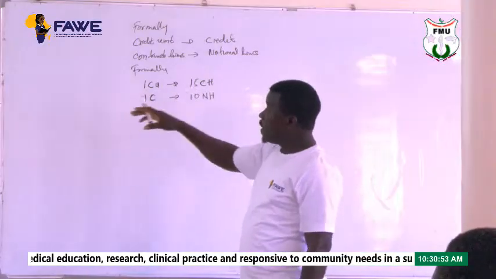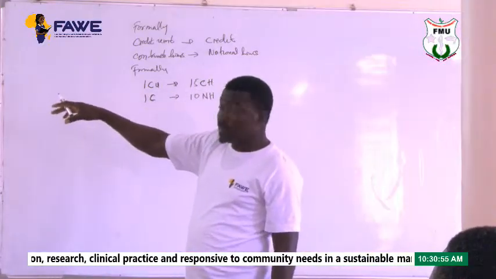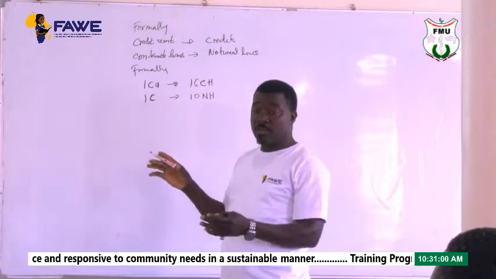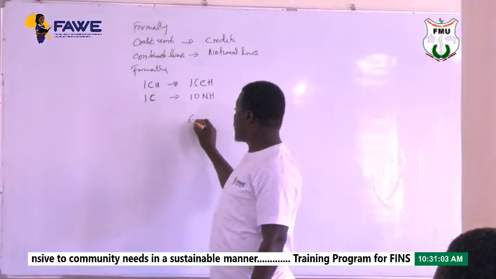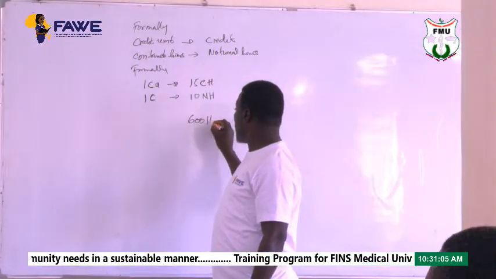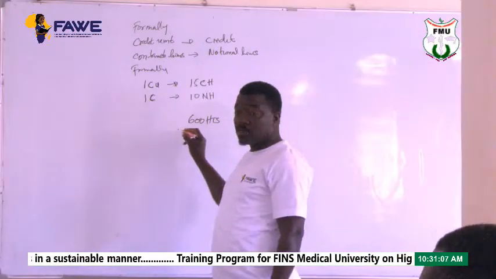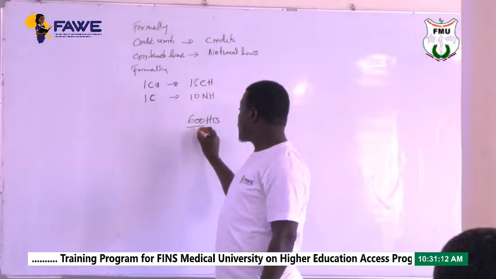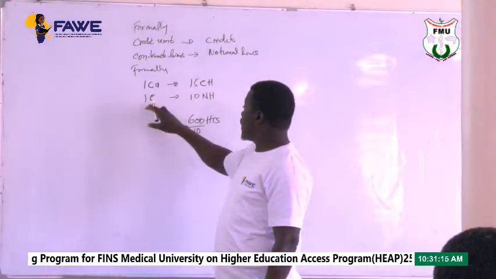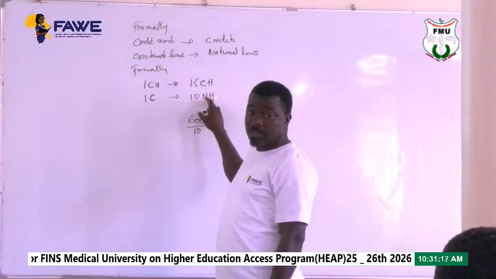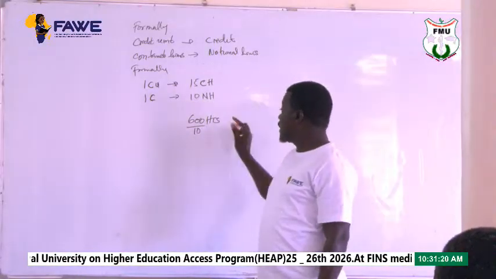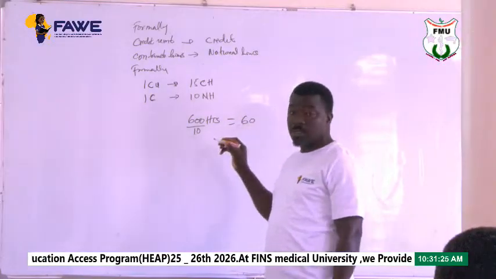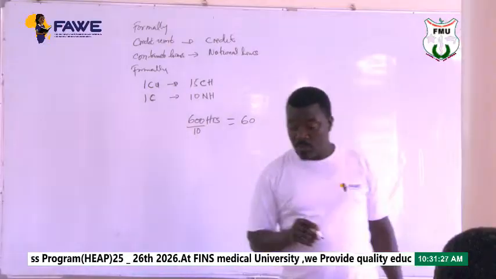And when you look down, you realize that in the fourth semester, if you summarize all the hours, they are supposed to be 600 hours. When you divide 600 by 10, because now 1 credit is equal to 10 notional hours, that's how you come to get 60.